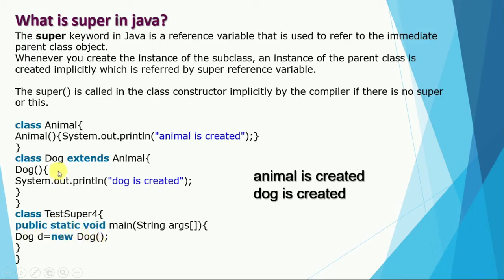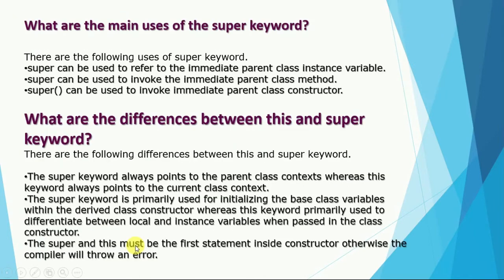The first output is "animal is created" and then "dog is created", because the class Dog extends Animal. The parent class constructor is called implicitly by the compiler if there is no super or this. So super is implicitly called, and the first parent class statement prints "animal is created", then the Dog class prints its string. Okay, I hope you understood.